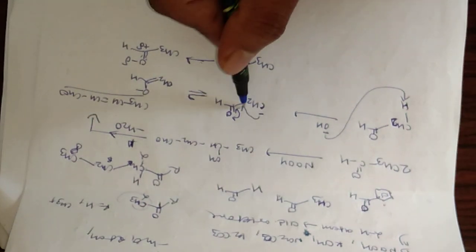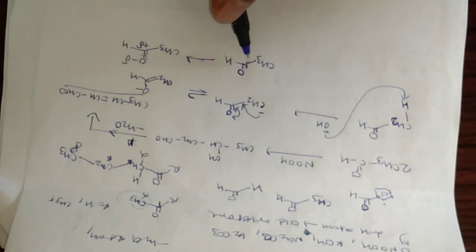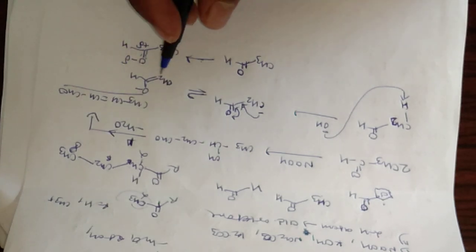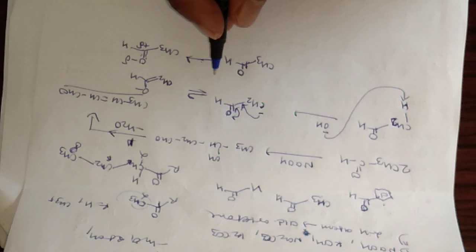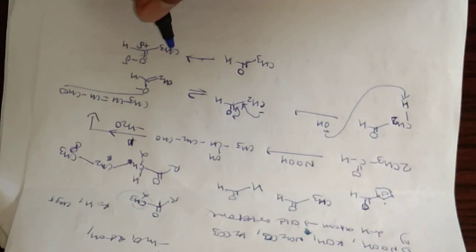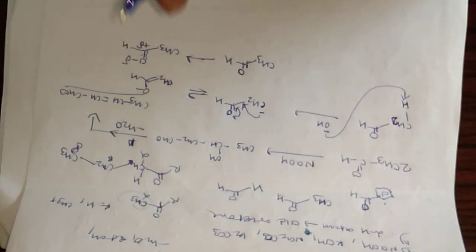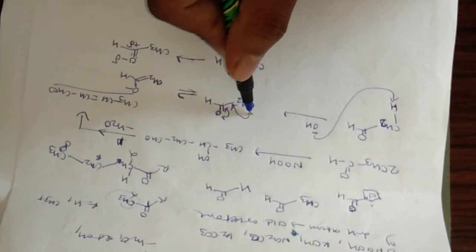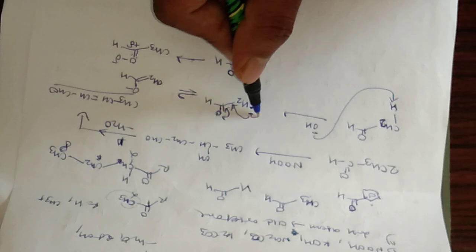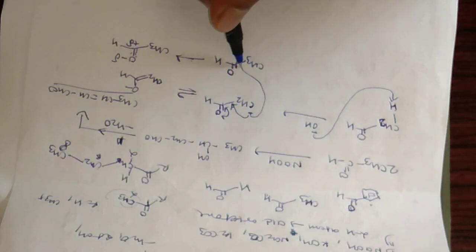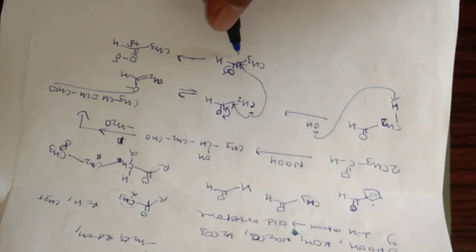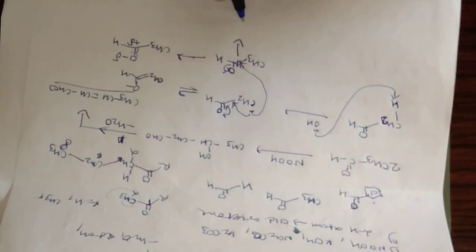The carbon-carbon bond is stronger than the carbon-oxygen bond, because the carbon-carbon bond is non-polar and the carbon-oxygen bond is more polar. The non-polar bond is stronger, so the negative charge on carbon will attack that carbon. The bond opens. So what happens here?